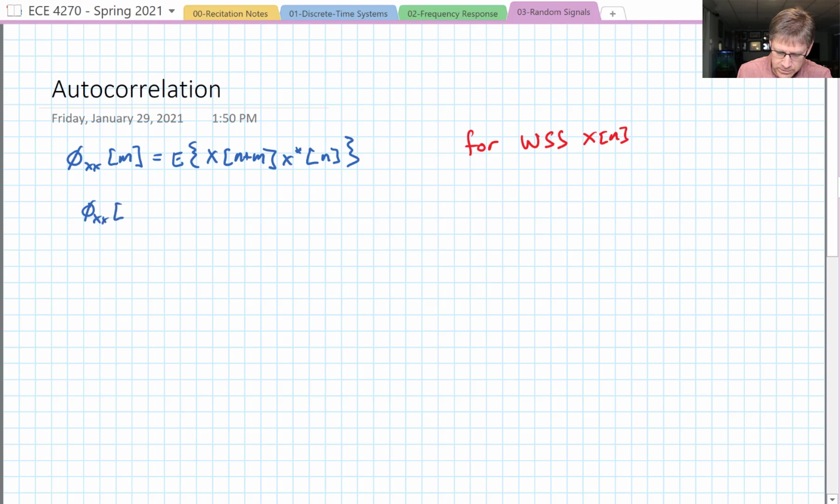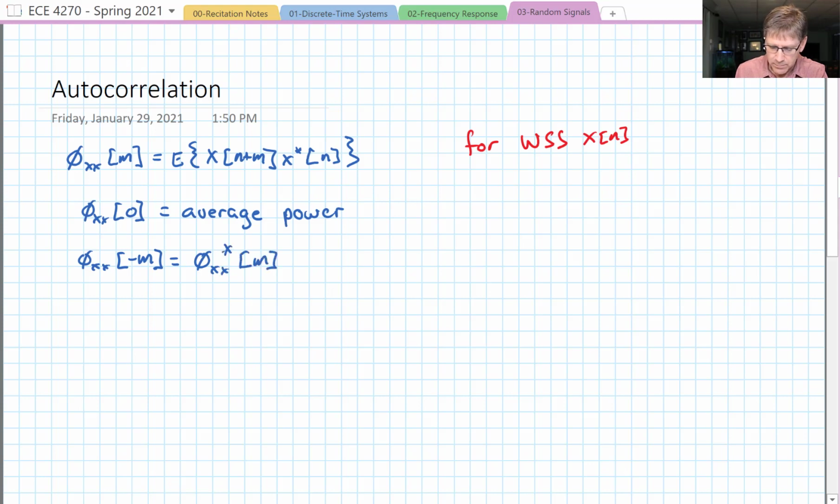So for starters, seems like the long way around, but if you compute the autocorrelation function, then at lag 0 you have the average power. Also, the autocorrelation function shape is well defined, and it's conjugate symmetric, and this comes directly from the definition of the autocorrelation function above.